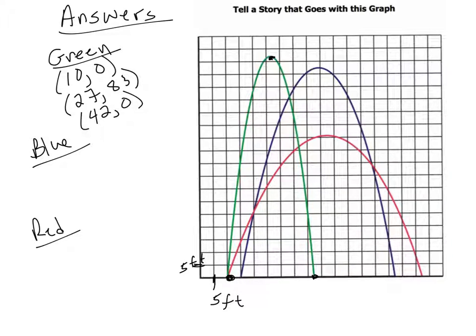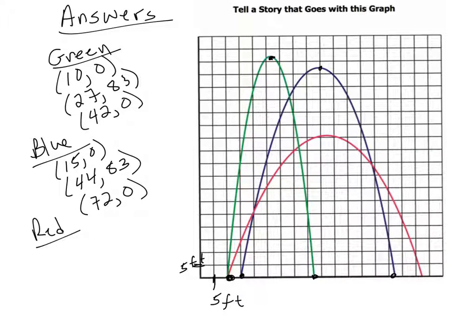The blue graph looks like it starts at (15, 0), then it goes up to about 44, and then it's about in between, maybe closer to 85, so I'll say 83, and then it ends at 70, so (72, 0).